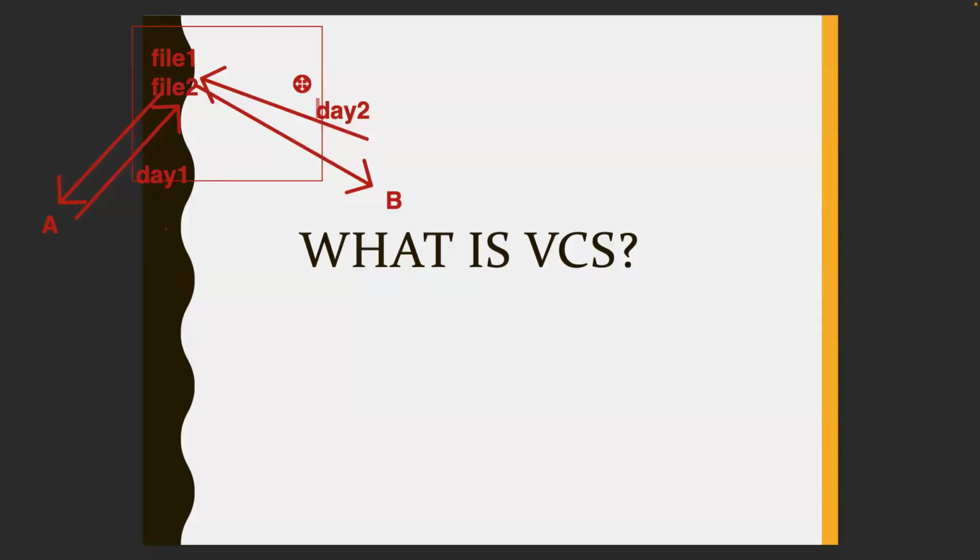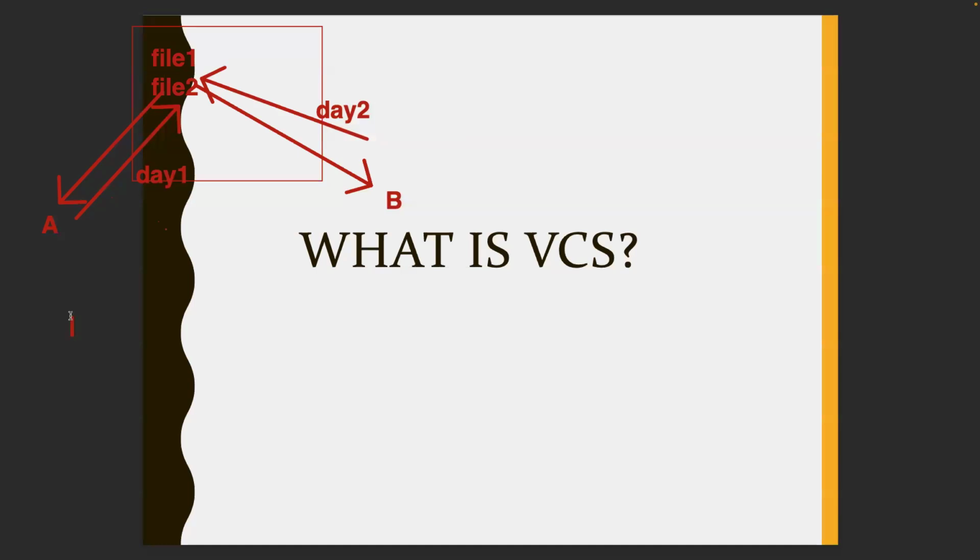So after day two, file two will have which person's changes? Will it have both persons' changes, or which person's changes will be there on file two after day two? Either person A or person B? Person B's changes will be there, obviously, right?